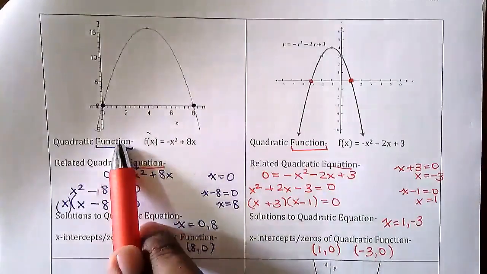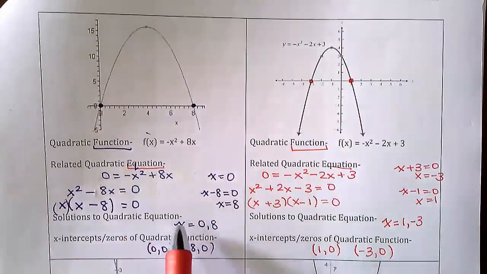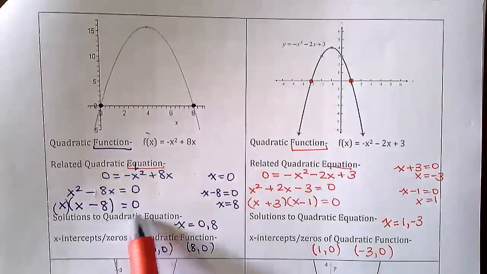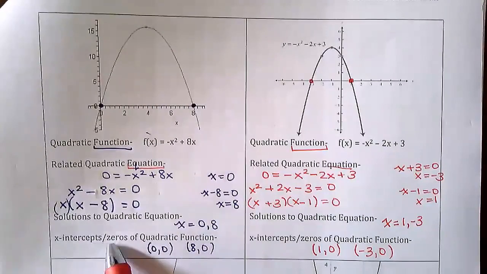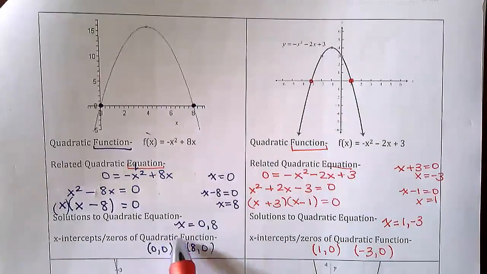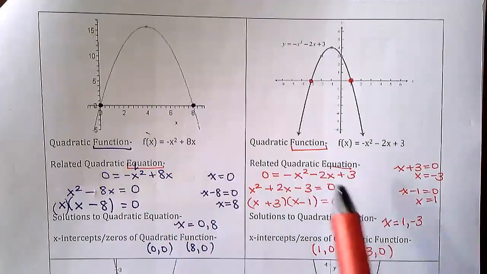We started with a function, went to an equation, then solved the equation. We say for an equation, the x values are solutions of the quadratic equation. So the solutions were 0 and 8, but these same solutions are the x-intercepts, or the zeros, of a quadratic function.